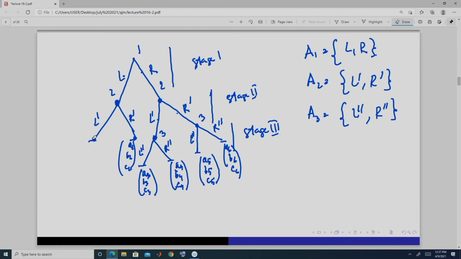Suppose here we again, so if player 1 chooses L dash, then player 1 can again move, and the game ends here. So, it is A1, B1, C1, and this is A7, B7, C7.